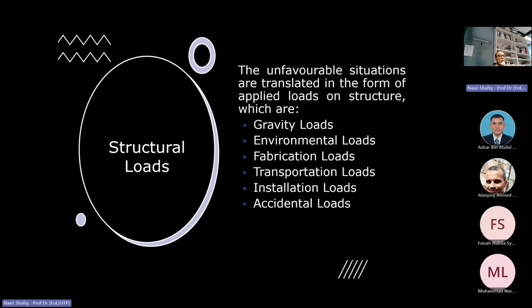Environmental load: temperature, the ambient condition, seismic, flood, wind, right? Fabrication load during fabrication, so we have to apply some kind of loading, right? Installation, so hook up, hanging, right? Accidental load. Those are certain categories of loading that we have to consider when we design or maintain, right?